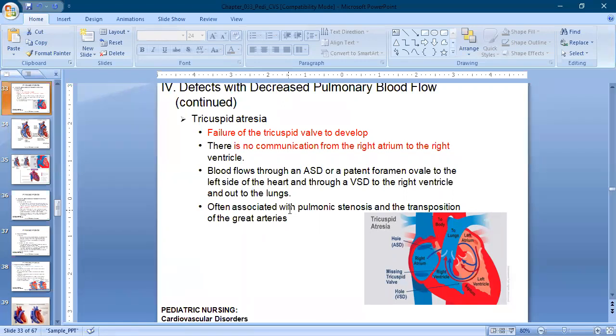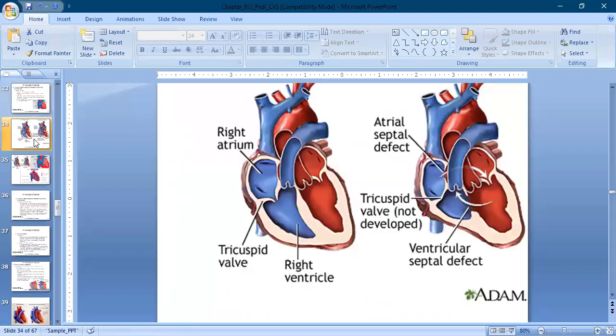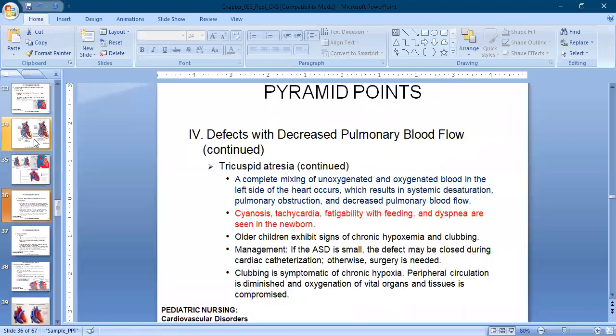The management is surgery, in 3 stages: shunt placement, the Glenn procedure, and the modified Fontan procedure. So anyway, the management is surgical, right?